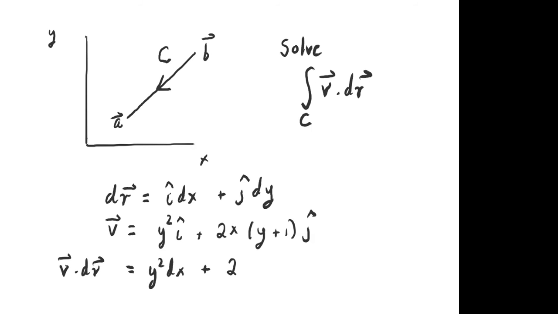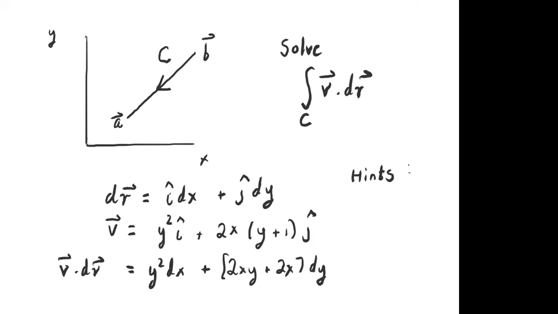And then I get a 2xy plus 2x, all of that times dy. So I'll give you some structure. I'll give you some hints on how to start this problem.